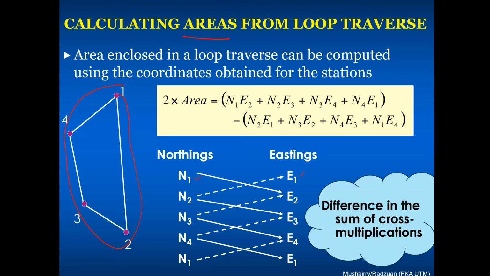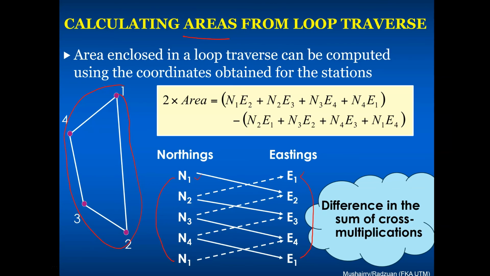If you just list down in a column like that, northing 1, 2, 3, 4, and you repeat the first one. Similarly here, you write down the easting, and you repeat the first one there.